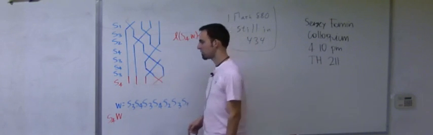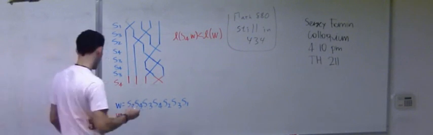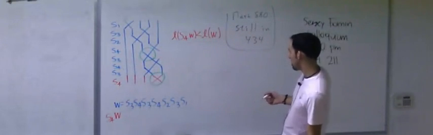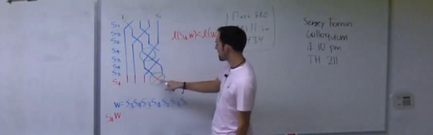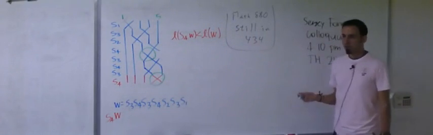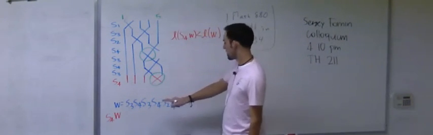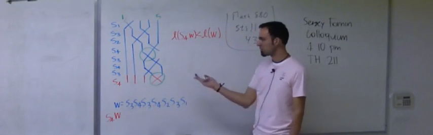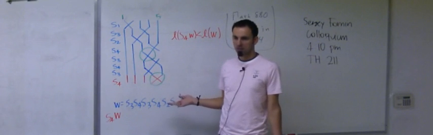Let me show you that. By multiplying by S4, I introduced a crossing here of two wires that had already crossed over here. Wires 1 and 5. Yeah? Wires 1 and 5 crossed here, and then I'm making them cross again here. Well, I claim that I can shorten this word, and the way that I can do that is basically by just, if I'm going to make them cross twice, I can just uncross both crossings, and I'm going to get exactly the same wiring.